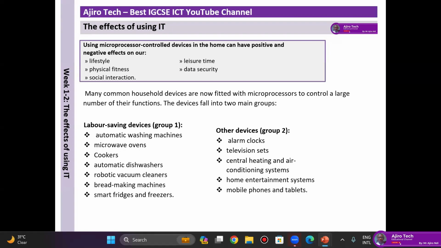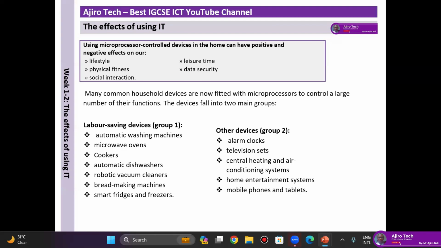This is very important. The second group of devices makes things easier to use and gives us additional features, such as intelligent tuning on a television set. Most of you see this when you set the television so that at a certain time, it goes off, and then it comes on.